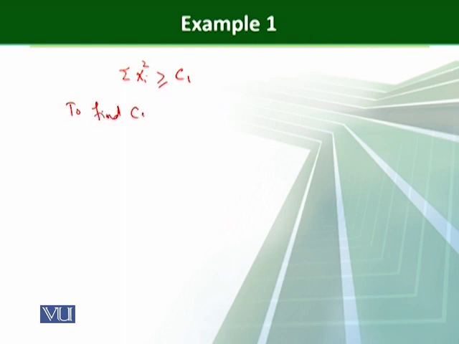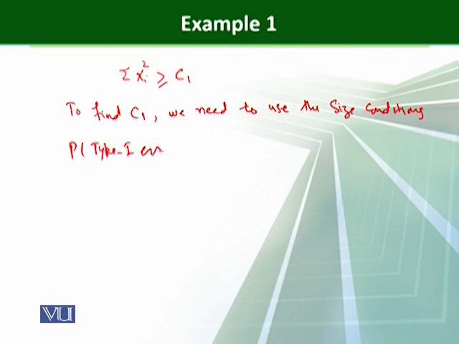To find c1, we need to use the size condition. What is the size condition? That is, the probability of type 1 error is equal to alpha.